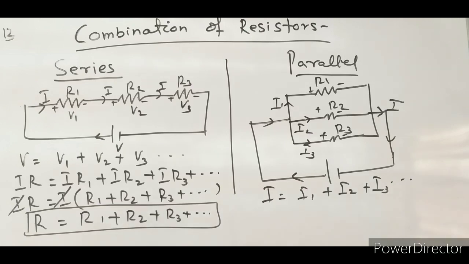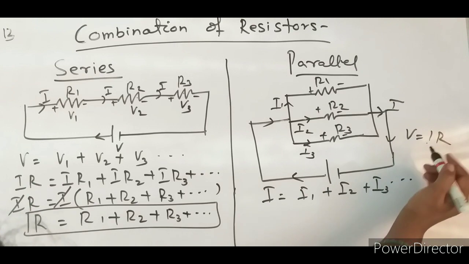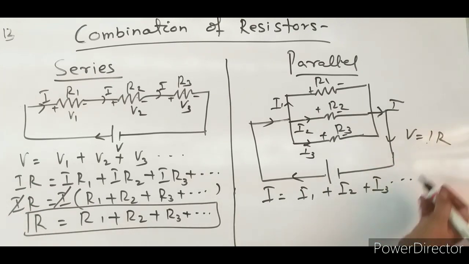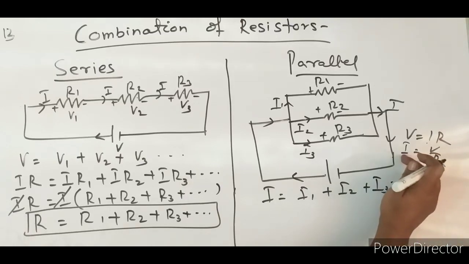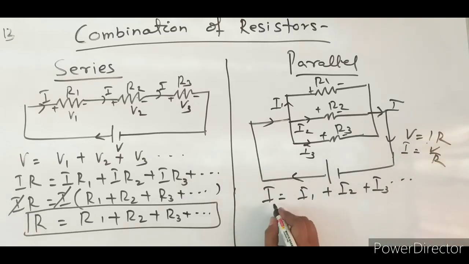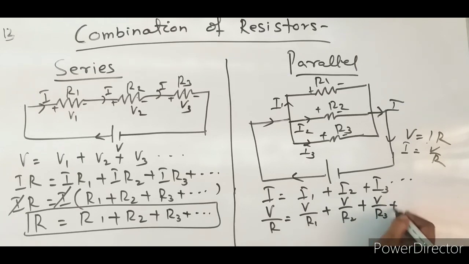Clear? Then let us go for the parallel connection. But we know V equal to IR. So I equal to how much? I equal to V by R. So I can write V by R equal to V by R1 plus V by R2, because V remains constant. That is why it can be like this.